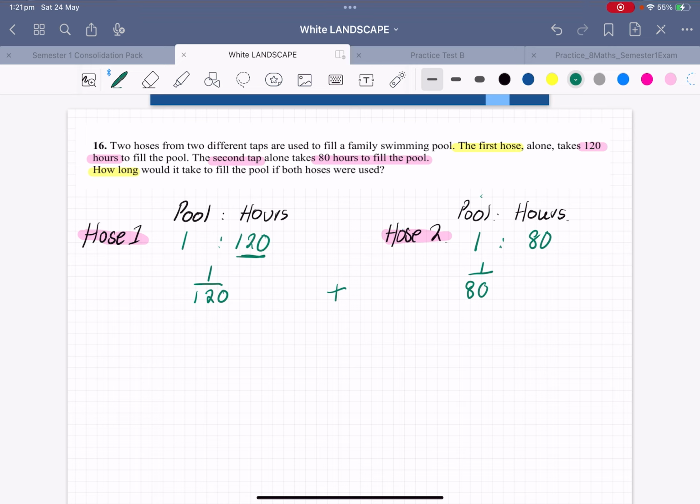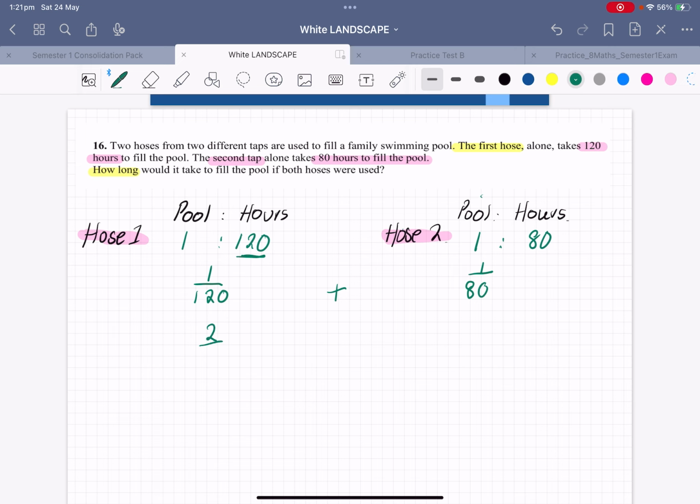First you have to convert them to have a common denominator, or you can go straight to your calculator and just do it that way. In this case, I'm just going to do it by hand. The common denominator will be 240.